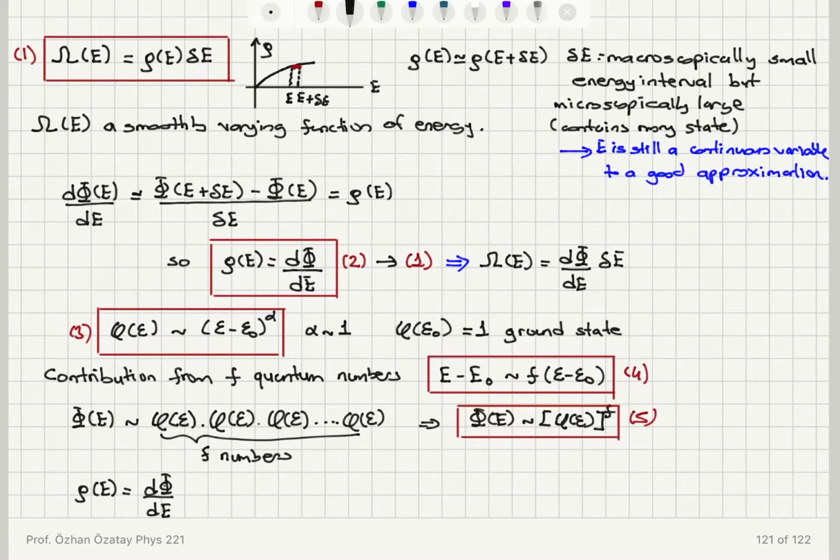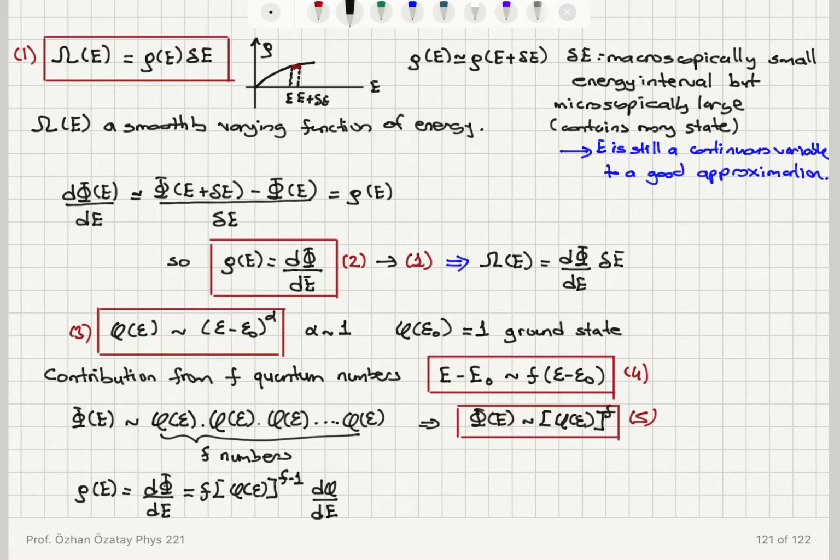And if you look at relationship number 5, this derivative will be equal to f times phi of epsilon to the power f minus 1 times d phi dE. But phi is a function of epsilon.